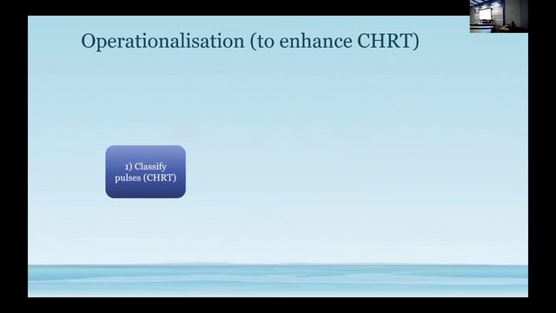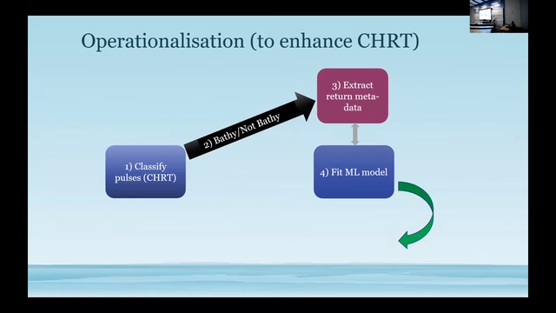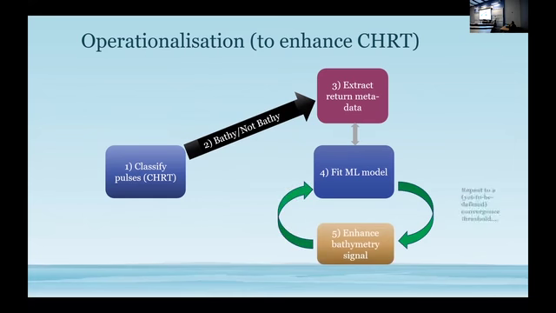So the way this will work operationally is that chirp in its current form will do a classification and say, to our best estimate, here are the points that are bathymetry. Once that information is obtained, that can then go into extracting all of the metadata that I talked about. Once the metadata get extracted, the first machine learning model can be fit, and then the confusion matrix can be thinned out to some yet to be defined convergence threshold to say we now have the essence of the data that we're fitting our models on.